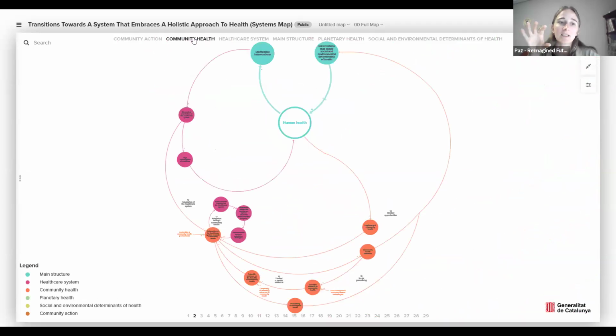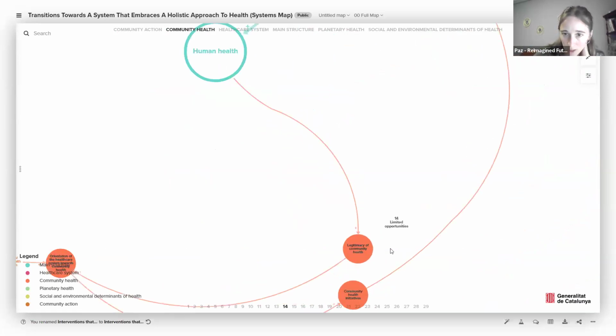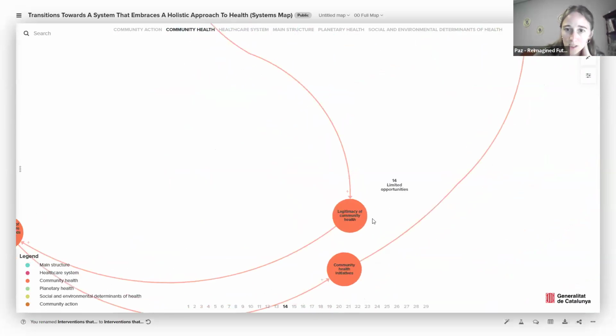This region highlights that today the healthcare system in Catalonia is limited to a mostly biomedical approach, and this limited focus on more community-based approaches that address social and environmental determinants of health reinforces the biomedical approach. We can see this, for example, in loop 14, called limited opportunities.